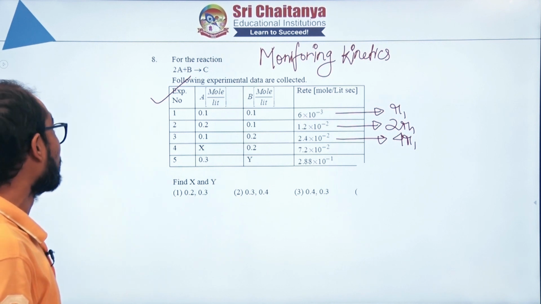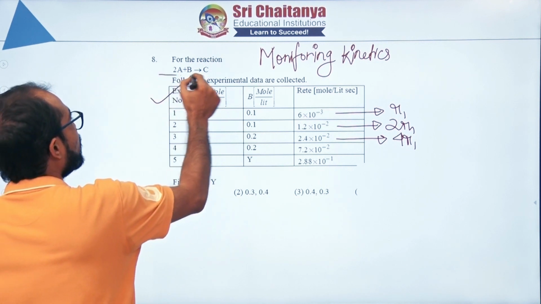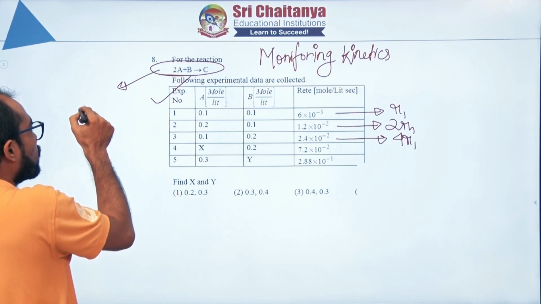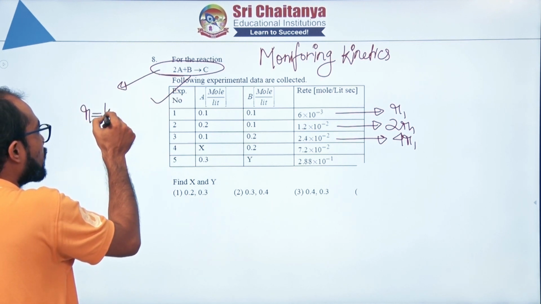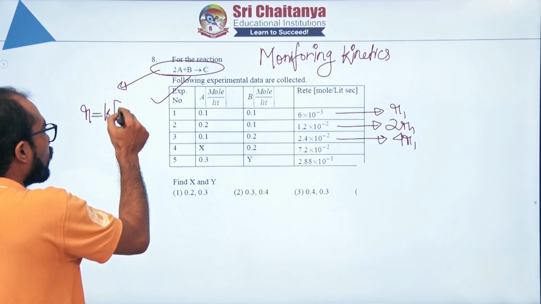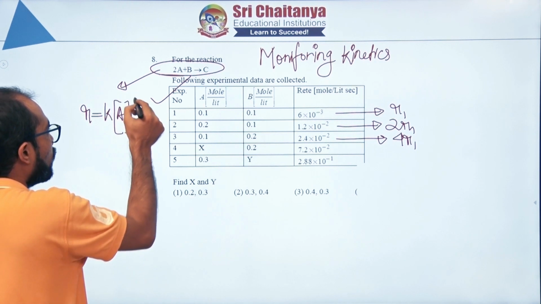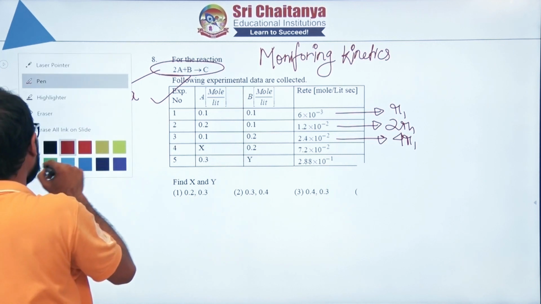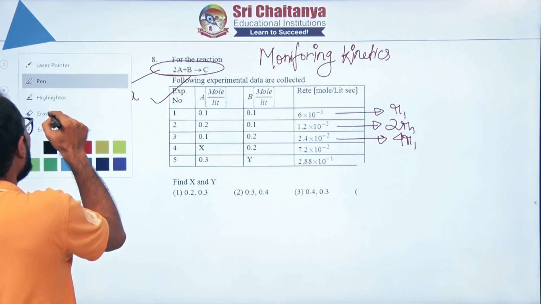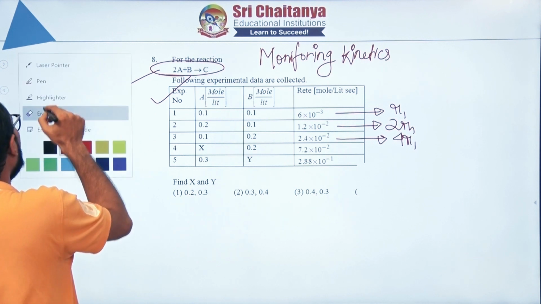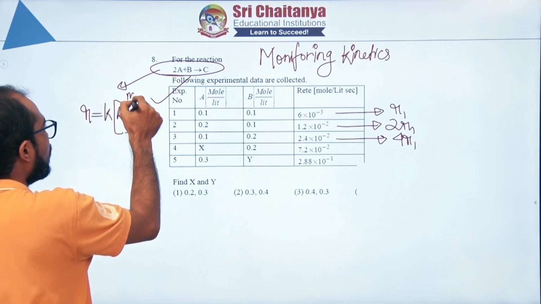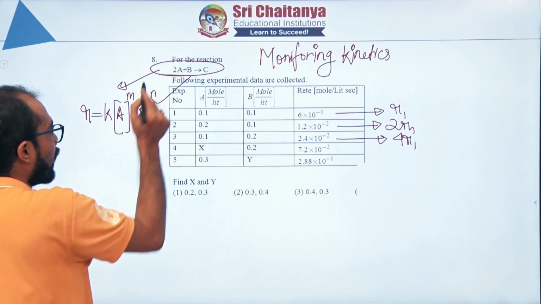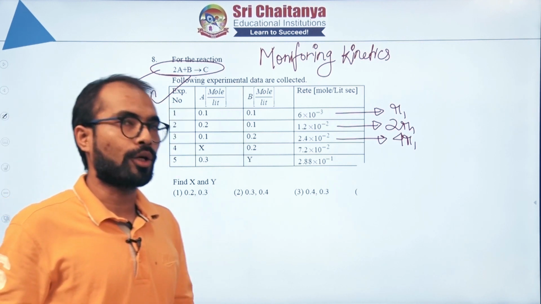So, that is important. Now, if you pay your attention to this particular reaction, then what is the rate law expression? Some K will come, concentration of A will be there, raised to power M. Let me take some other variable, say for example, we take N here, and again concentration of B raised to power N, where M and N represent order. Right?